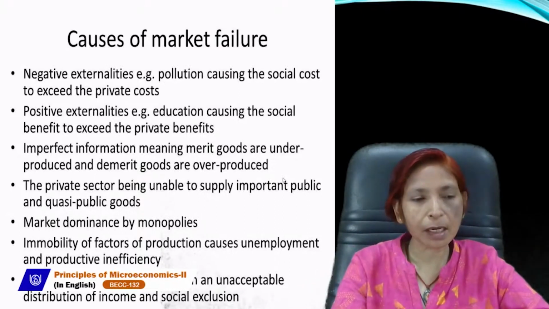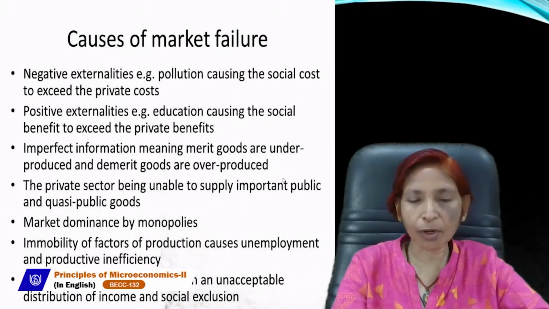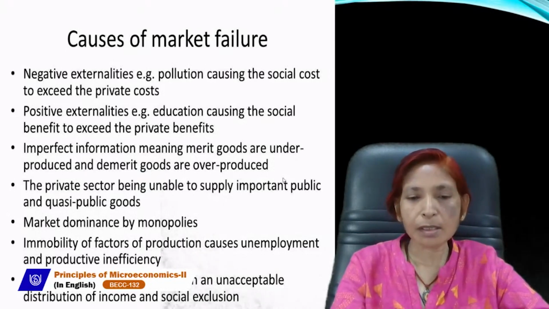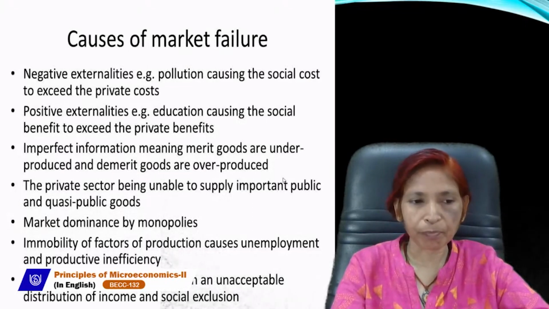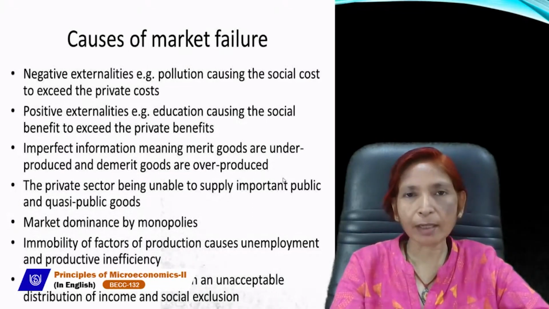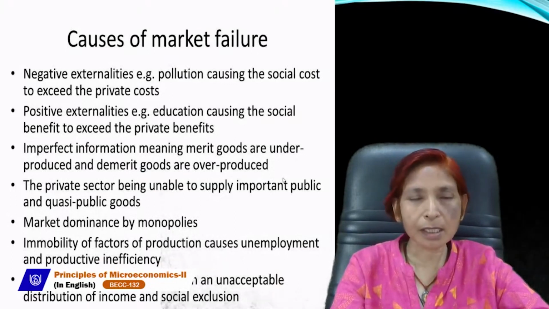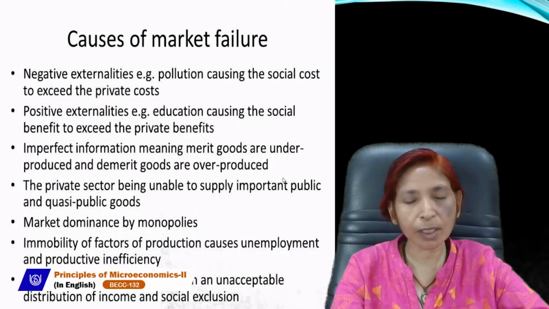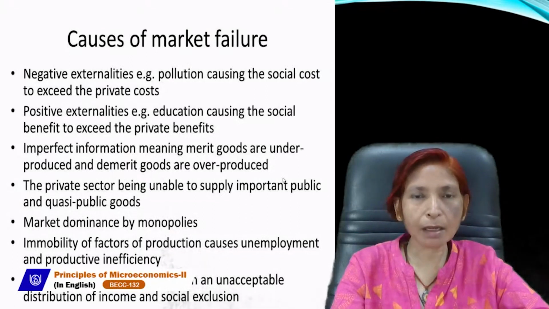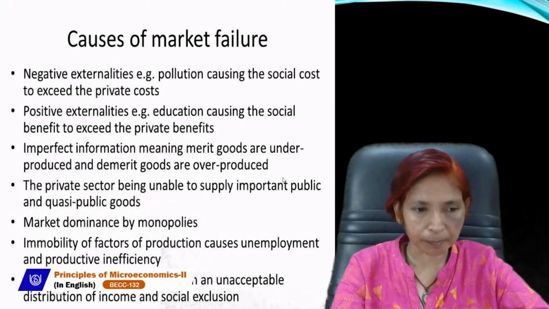Next point is that immobility of factors of production causes unemployment and productive inefficiency. As we know, factors are immobile; you can't easily shift factors from one place to another place, or from one country to another country. Factors are not easily movable.